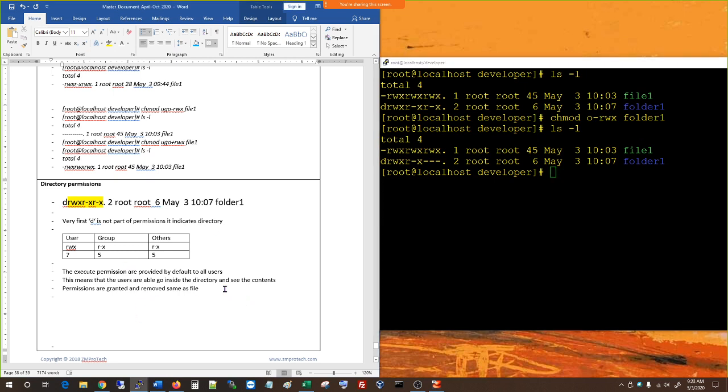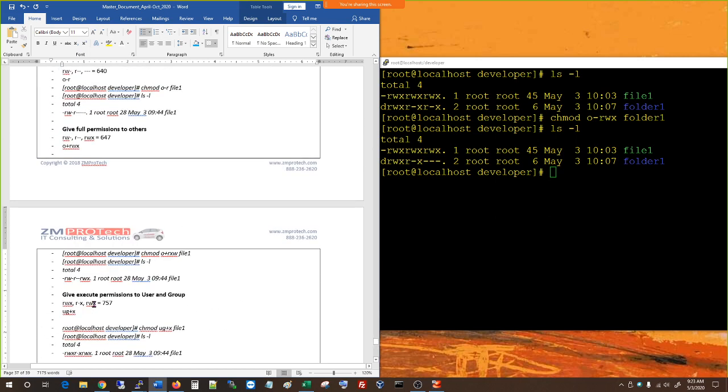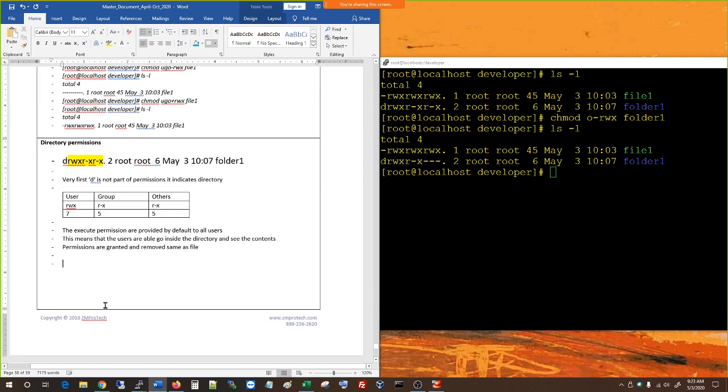So what would be the number to remove the permissions here? If you're looking at it in number terms, rwx, r-x, and this is what we want to keep.